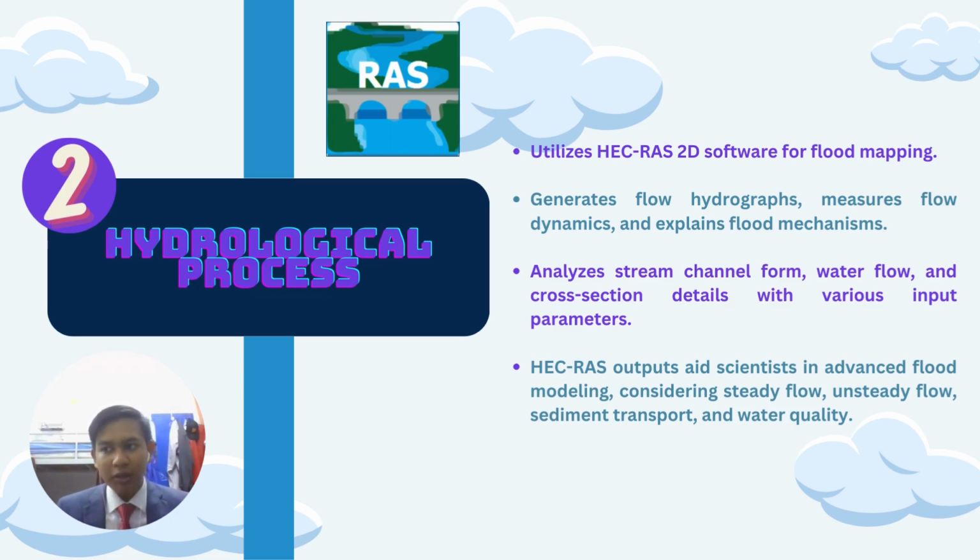And then we analyze stream channel form, water flow, and cross-section details with various input parameters. And then the HEC-RAS that we output is used by scientists in advanced flood modeling, considering steady flow, unsteady flow, and sediment transport and water quality.